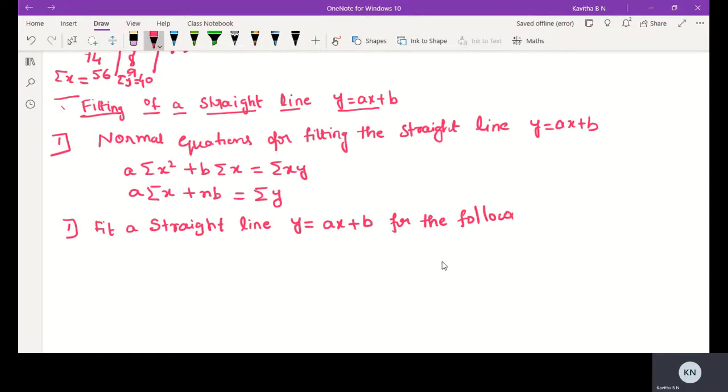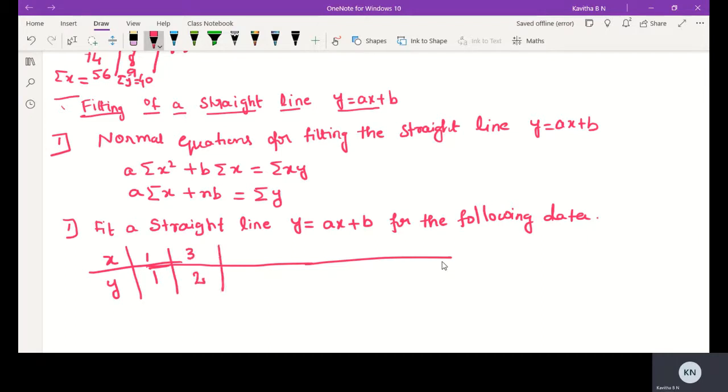Then write the data here. x, y: 1, 1; 3, 2; 4, 4; 6, 4; 8, 5; 9, 7; 11, 8; 14, 9.